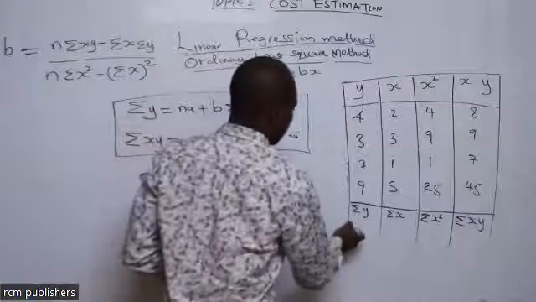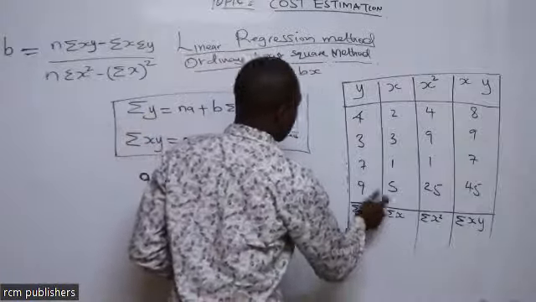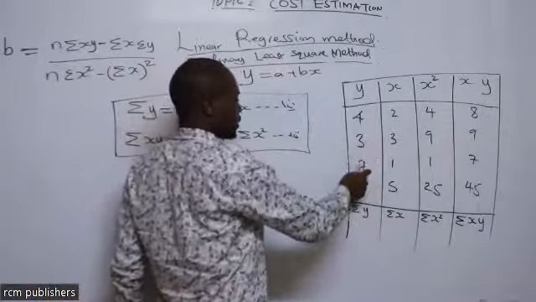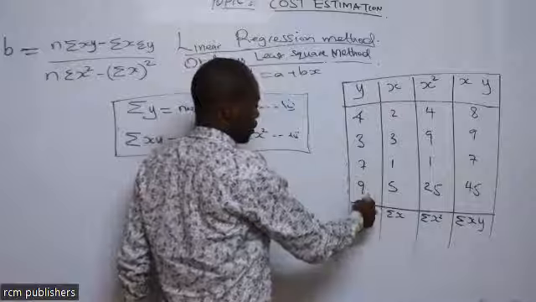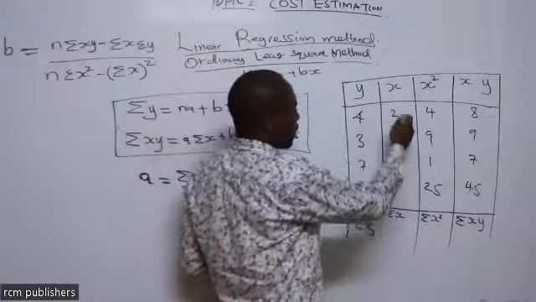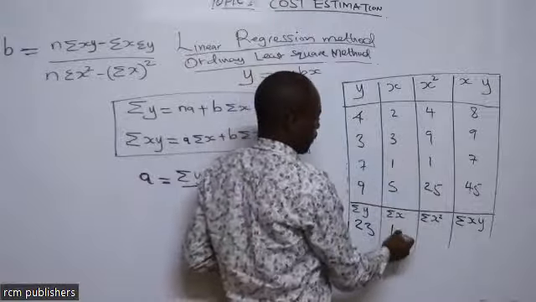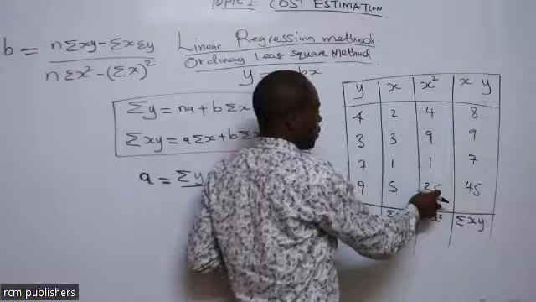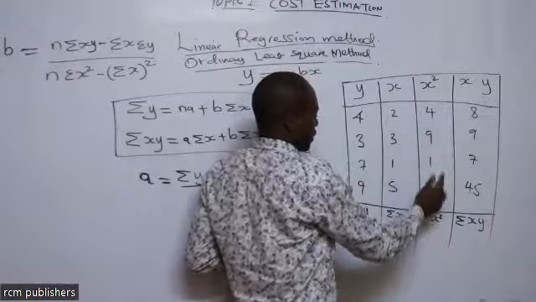Once that is done, you want to get the summation of y. We simply add whatever is in this particular column. That is 7 plus 14, 23. Then x here, when we add everything, that's 5, 6, 11. Here 13 plus this will be 38, 39.